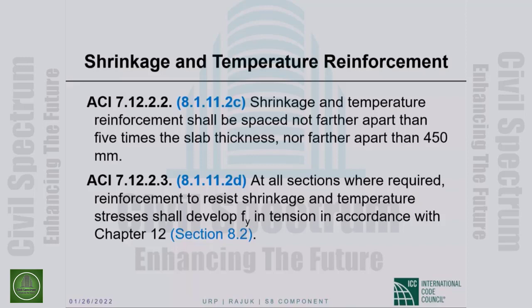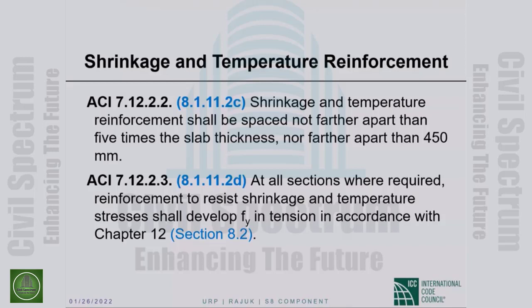At all sections where required, reinforcement. This is important. This is extremely important. People do not pay attention. At all sections where required, reinforcement to resist shrinkage and temperature stresses shall develop full yield strength in tension in accordance with Chapter 12.